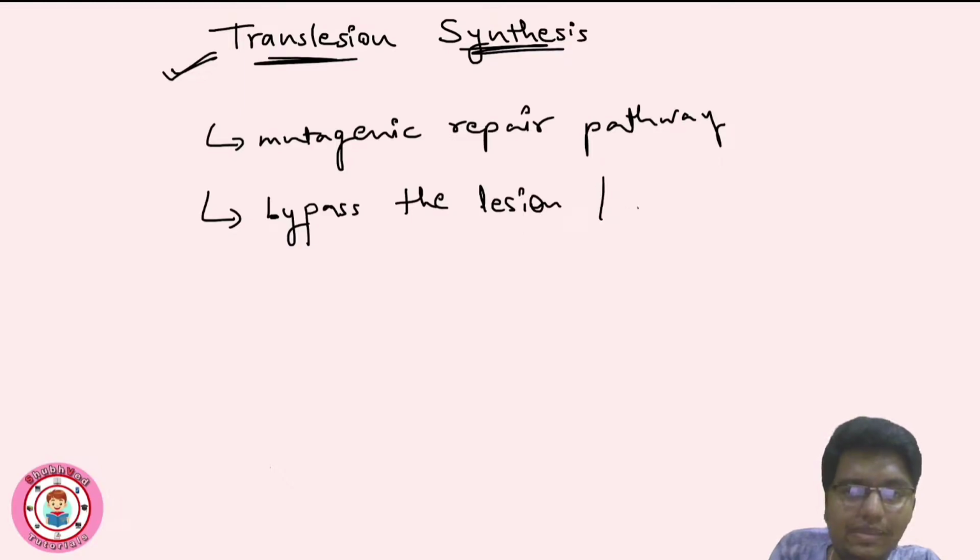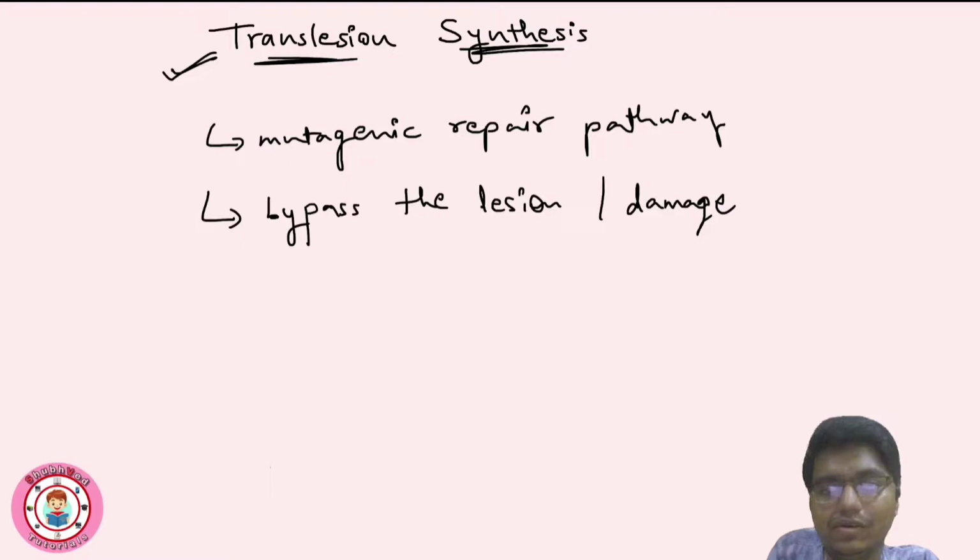Or we can say damage. How it bypasses, we will see further. So the lesion or damage is bypassed. The polymerase moves over the DNA even if there is a lesion there. Suppose I draw your DNA strand.